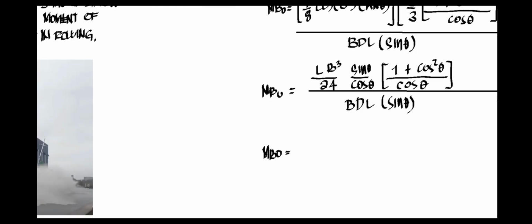Let's try to analyze this one. We have the common sine of theta, so it will be cancelled out.